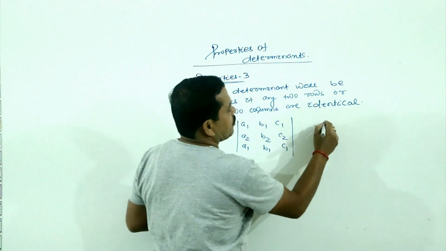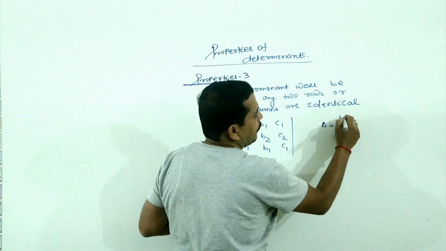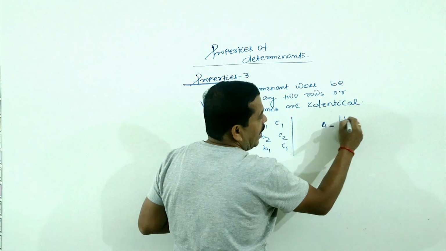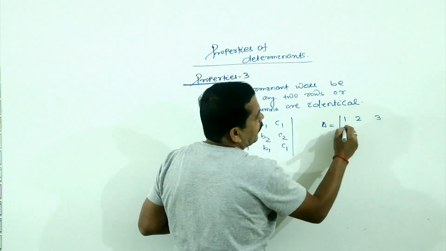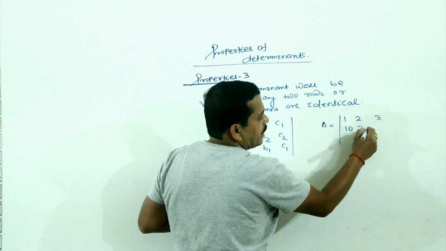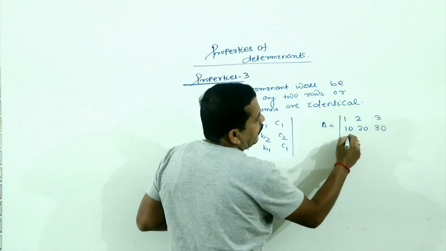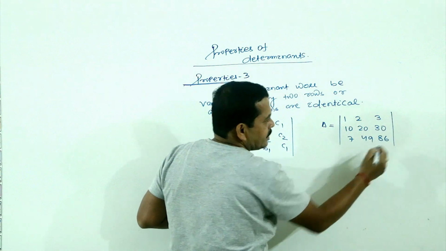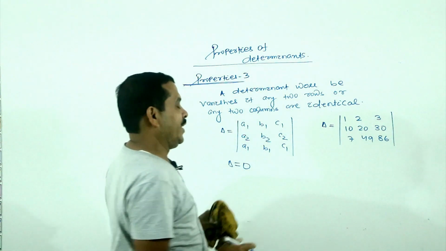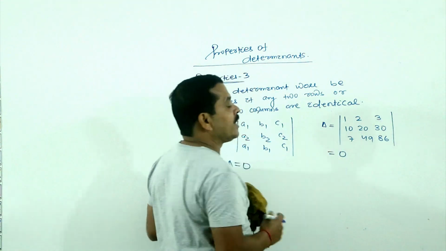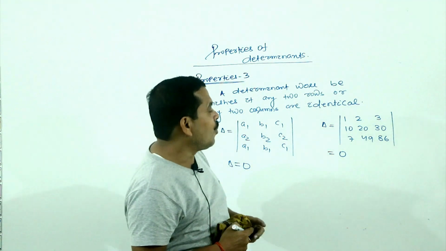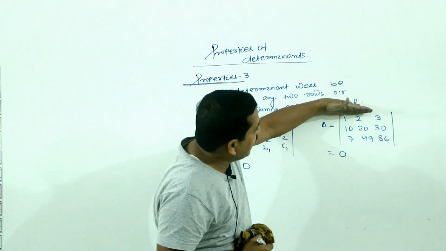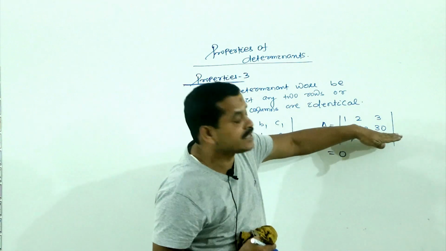For example, suppose the determinant is like this: 1, 2, 3, 10, 20, 30, 7, 49, 86. So directly we can write it as 0, because if we multiply the first row by 10, we will get the second row.